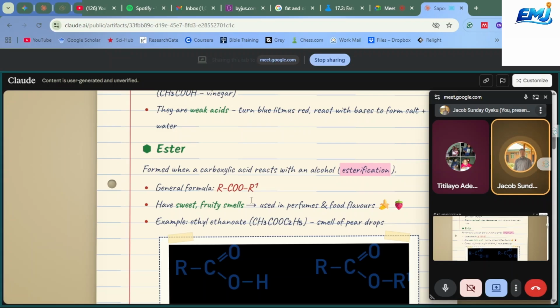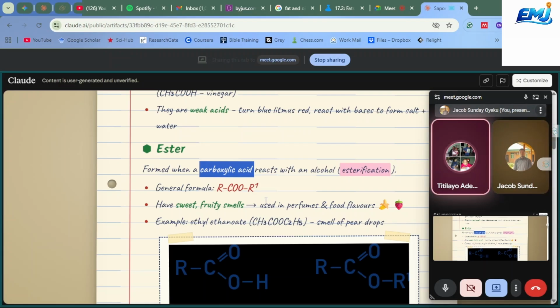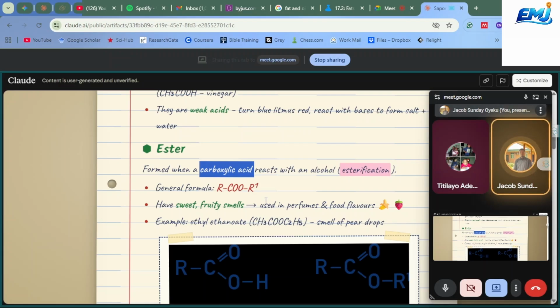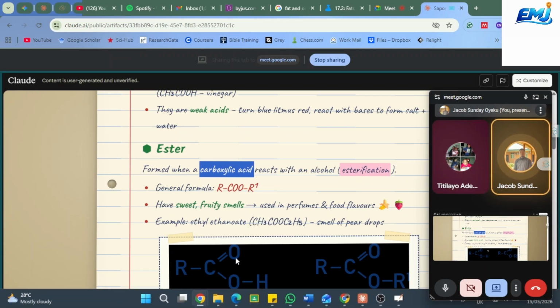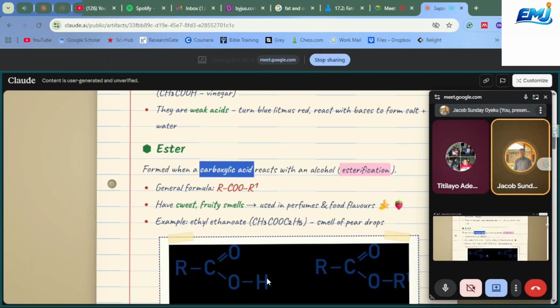Okay. And this one, look at it. Can you see my screen very well? Yes. Okay. You see something I highlighted? It is formed when a carboxylic acid reacts with an alcohol. So a carboxylic acid, which is RCOOH, when it reacts with an alcohol, that reaction is what we call esterification.